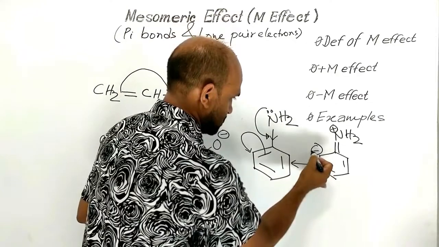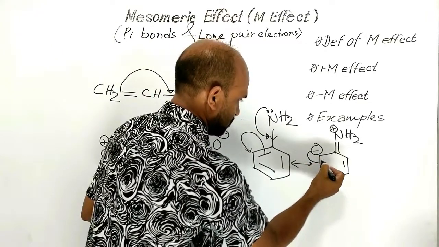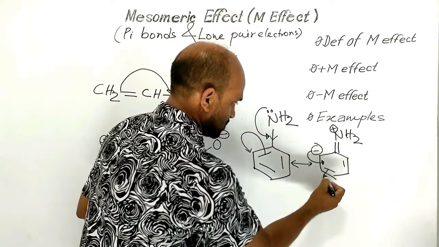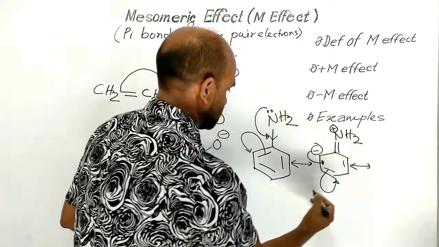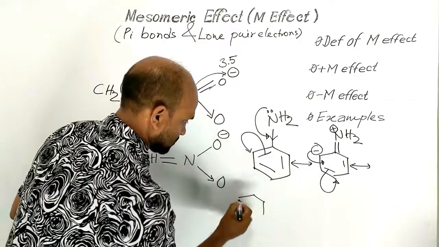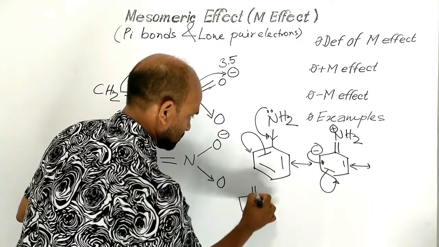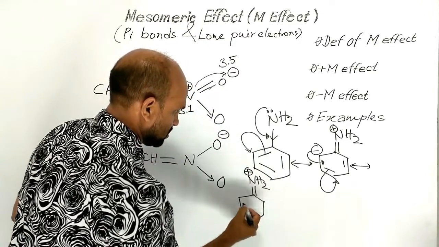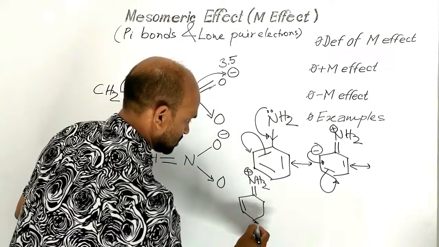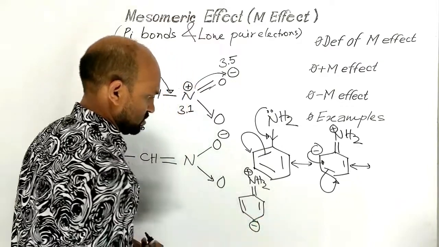Similarly here, it goes to form pi bond. This pi bond turns into lone pair of electrons. Positive charge, here double bond, here negative charge, here double bond.